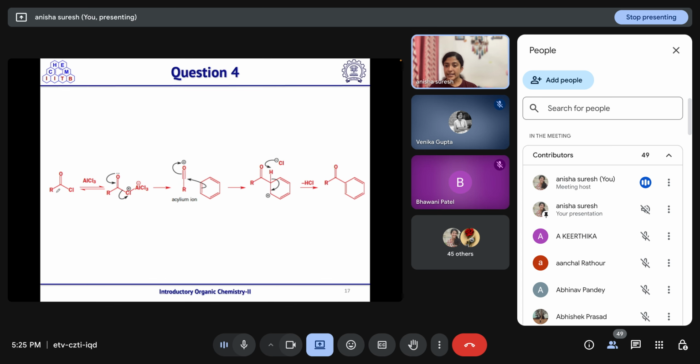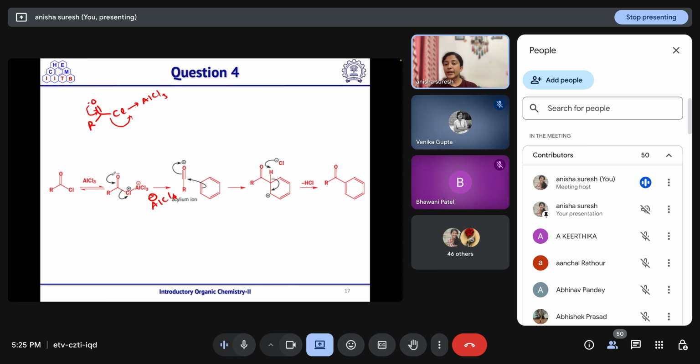We have an acid chloride in the presence of AlCl3, which coordinates with AlCl3, and the lone pair on oxygen pushes, and AlCl4 minus is removed. The resulting acylium ion is the reactive intermediate for the Friedel-Crafts acylation reaction.